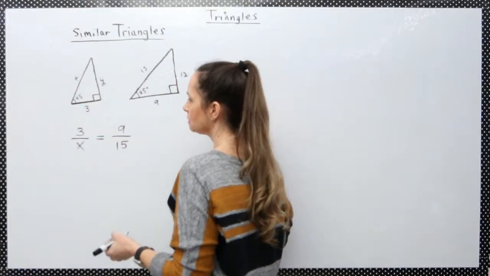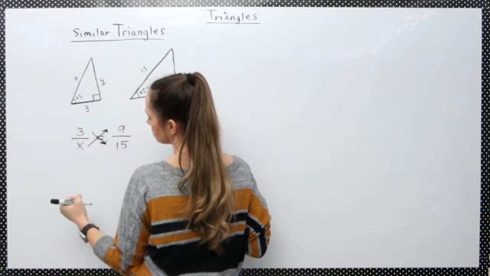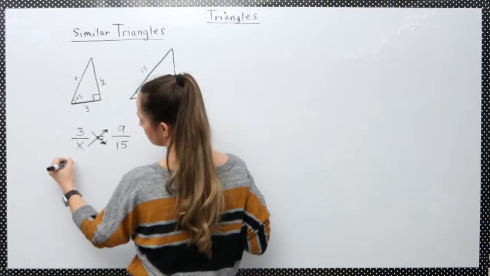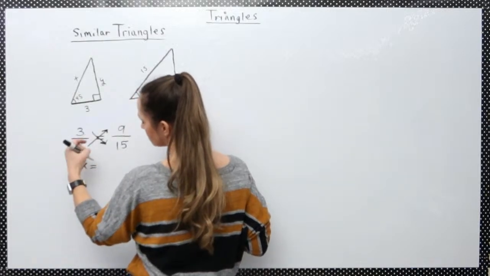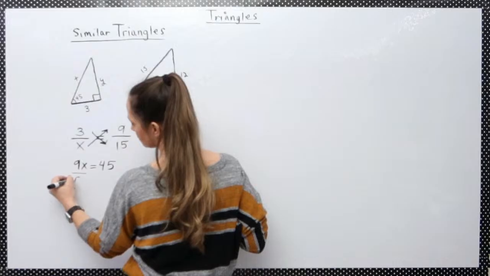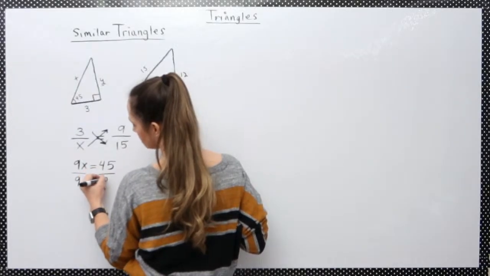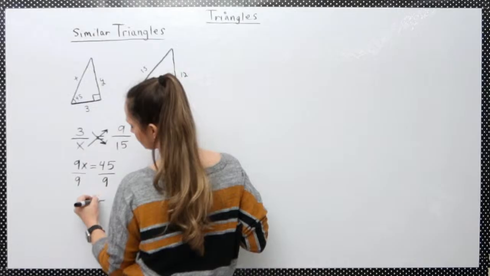Then you just do your cross multiplication, and you end up with 9x equals 15 times 3, which is 45. Then divide off the 9, and we get x equals 5.